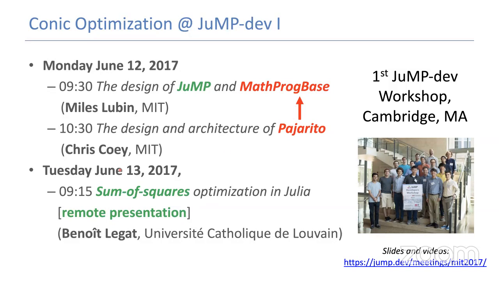Interestingly enough, the next day Benoît told us about sum of squares, which was one of the first places I saw the potential for this type of modeling paradigm. And I guess we were already ahead of our time. That was a remote presentation that Benoît gave at the workshop. And I would say here is exactly where the shift to conic potentially started, with the conversations of the people that were there.